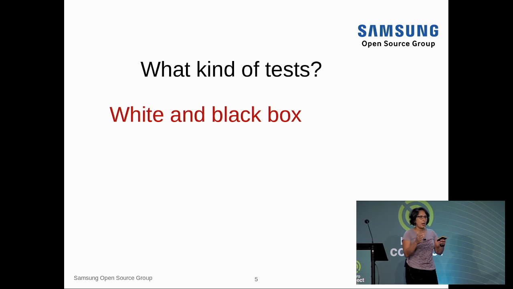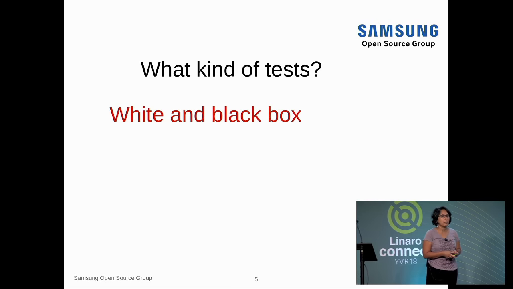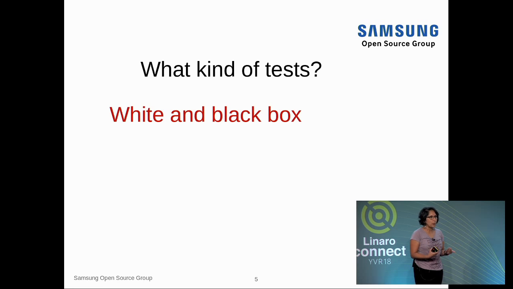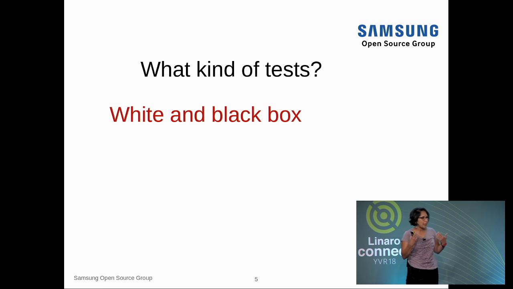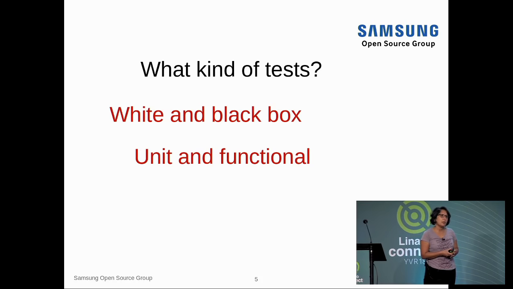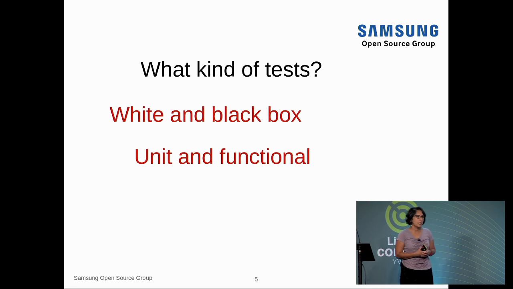All software engineers in this room know that they both have value, because developers have blind spots. When we write tests as a developer, we don't always consider all the things we might miss. That's where black box testing comes in. So I consider these a mix of both, maybe heavier on the white box side than black box.